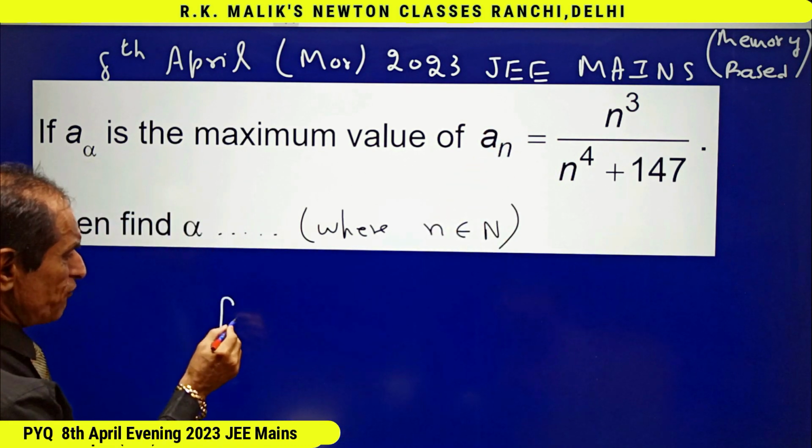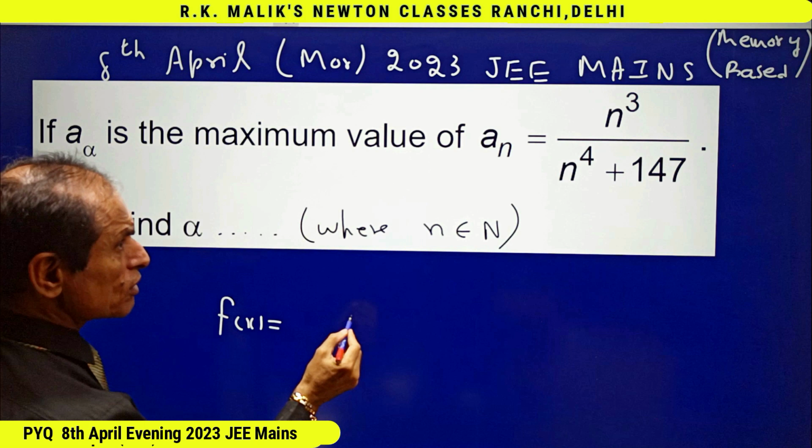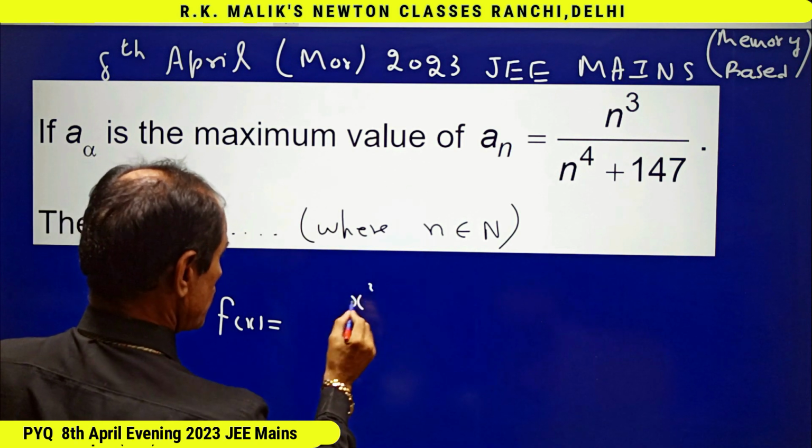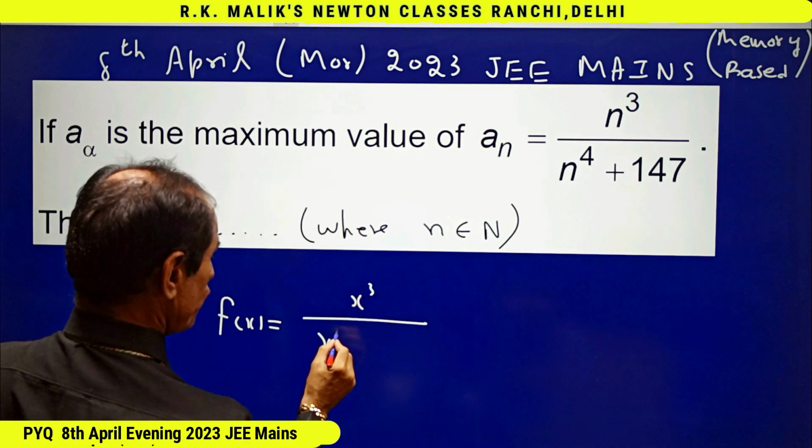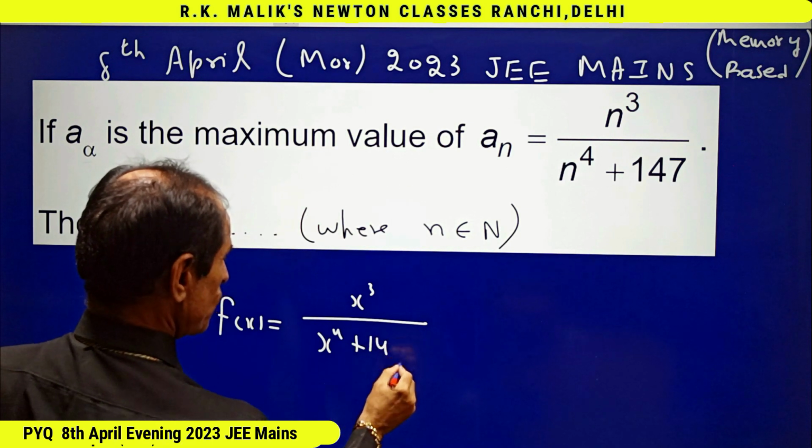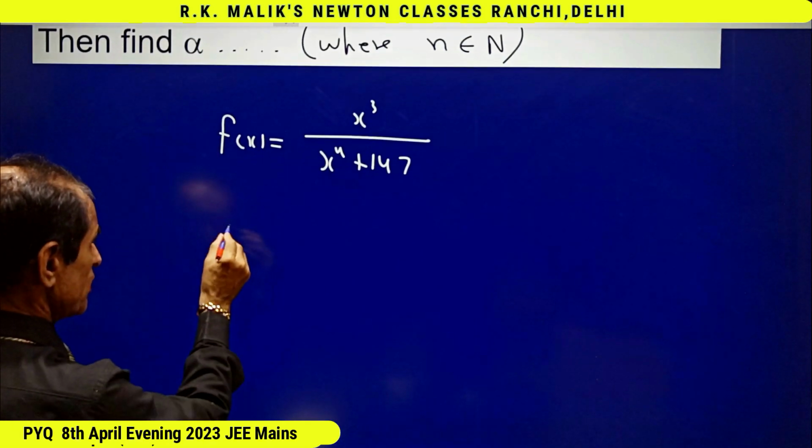First of all, I make a function f(x) equal to x cube upon x power 4 plus 147.